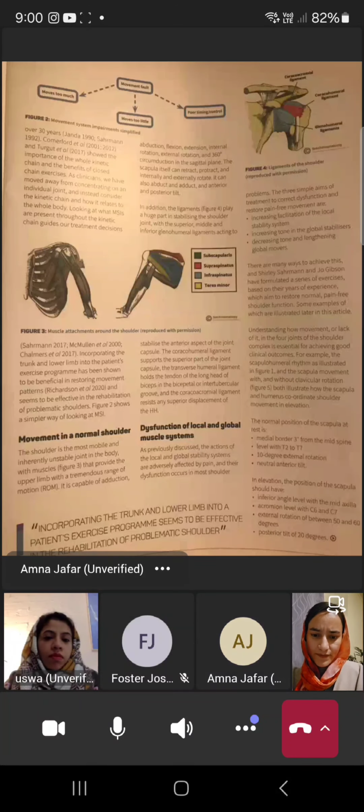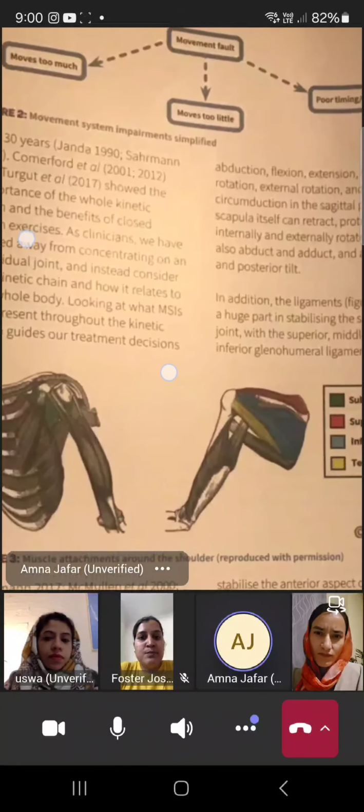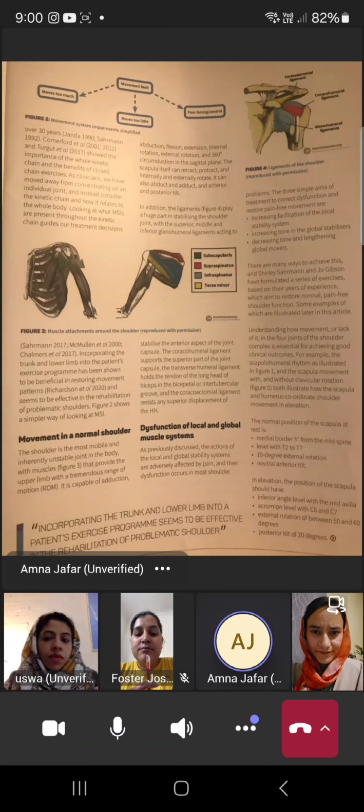Okay. So, can any one of you repeat the SITS muscles? We can see from the picture as well, but go ahead. Benish: Supraspinatus, infraspinatus, teres minor, subscapularis. Thank you so much.